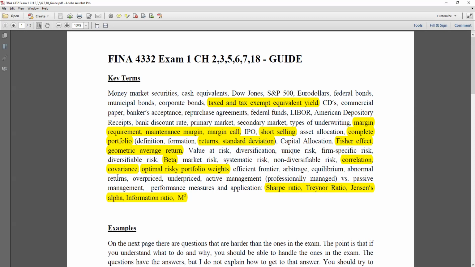For abnormal returns, you'll use Jensen's alpha to identify if there are any abnormal returns. While these require calculations to answer some questions, it will be these calculations you use to answer questions on arbitrage, equilibrium, abnormal returns, overpriced, underpriced, etc. And that's generally speaking how to interpret the words and the terms you see here.